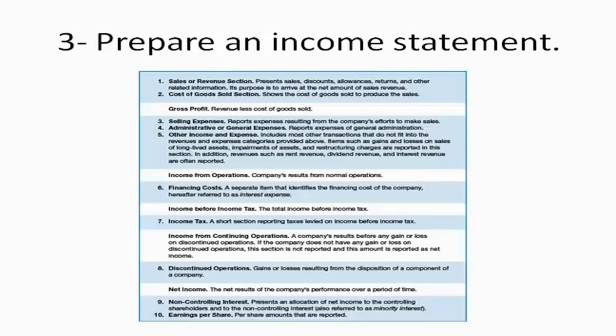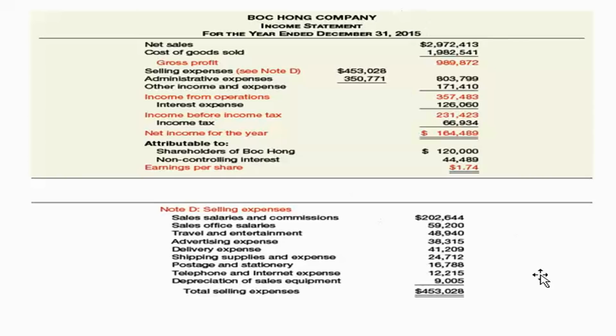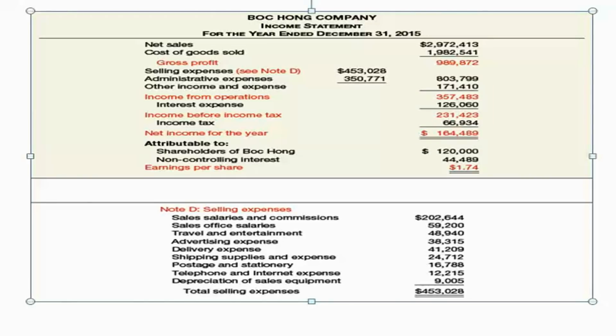Then we saw the format of the income statement: it starts with net sales minus the cost of goods sold to get the gross profit, minus the selling and administrative expenses and any other income or expenses to get the income from operations. From the income from operations I deduct the interest expense to get the income before income tax, minus income tax to get the net income. This net income is attributable to the shareholders of the company and non-controlling interest.